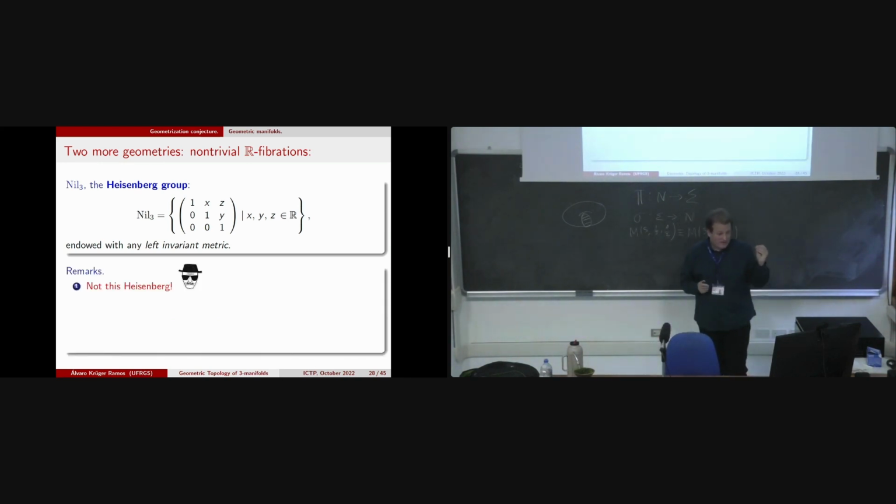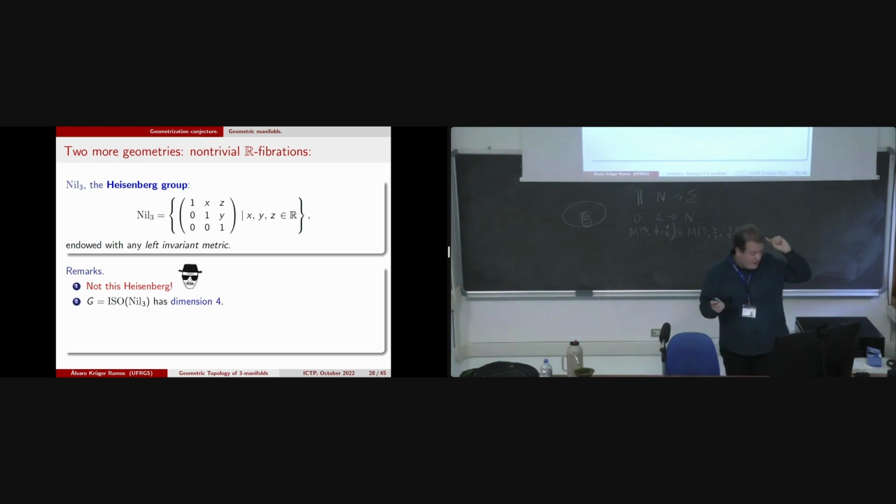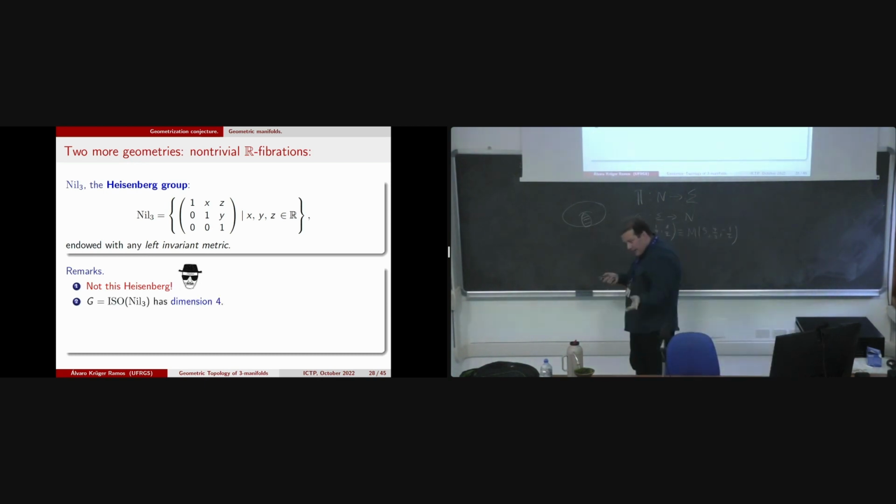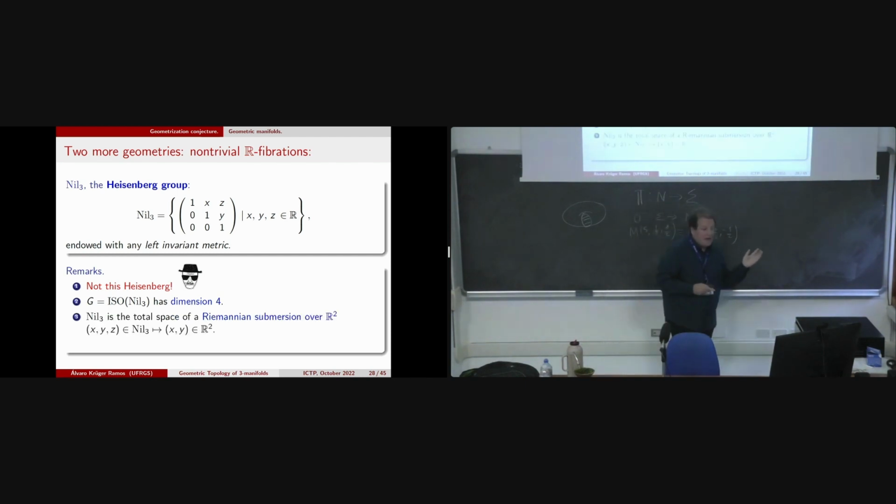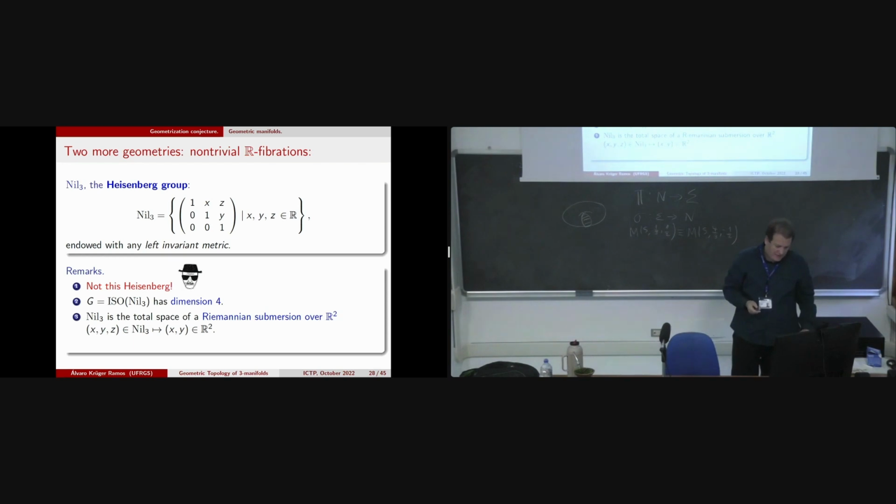Some remarks, not this Heisenberg, don't mix it up. The isometry group of Nil with any left invariant metric has dimension 4. And it's the total space of a Riemannian submersion over R2. So you have a non-trivial R fibration over R2. And like a projection, I think this is the map.